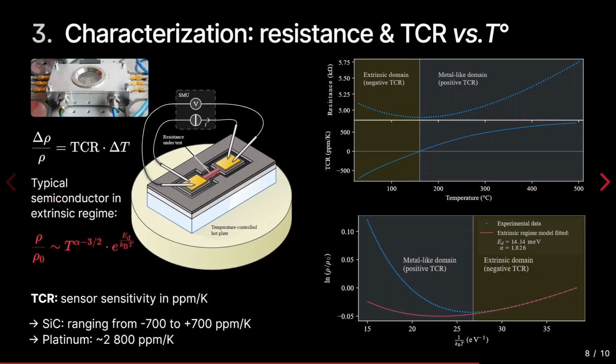So this is great. What about the TCR? So at ambient we have minus 700, and at 500 we have plus 700. So not great, not terrible. Platinum for comparison is 2,800. So it is not as great as platinum, but it works.